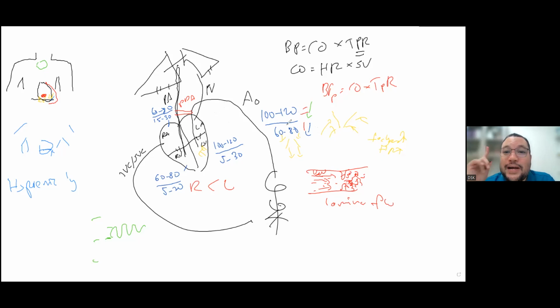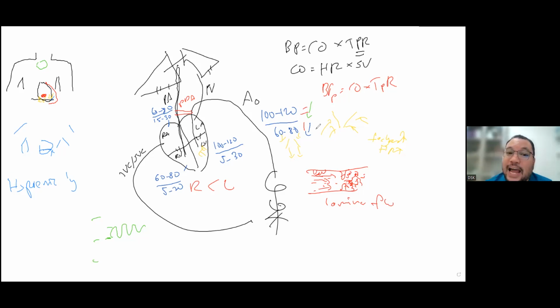Tetapi if you remember Starling law. Apa Starling law kata? Starling law kata when you increase the end diastolic volume, what happens to the inotropic effect? Your heart will pump harder.